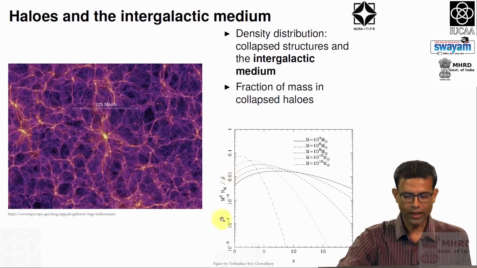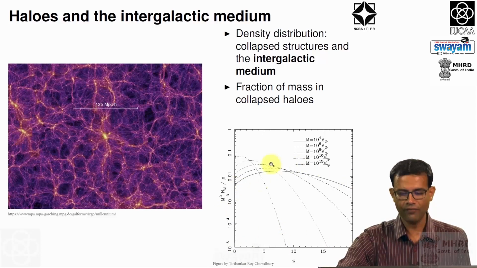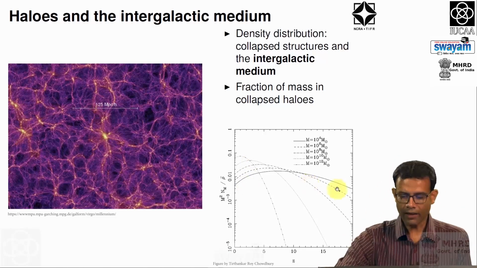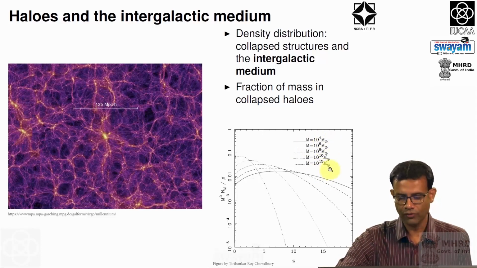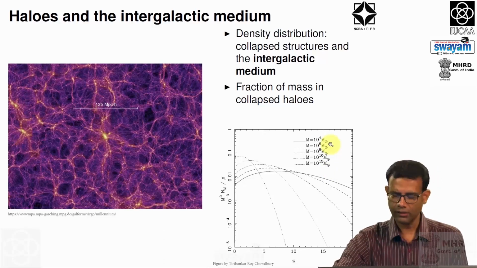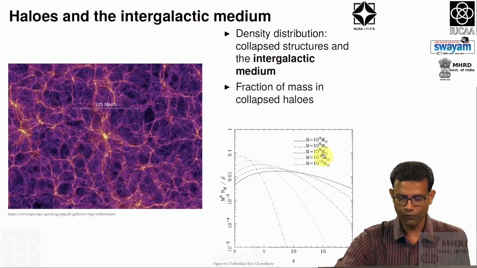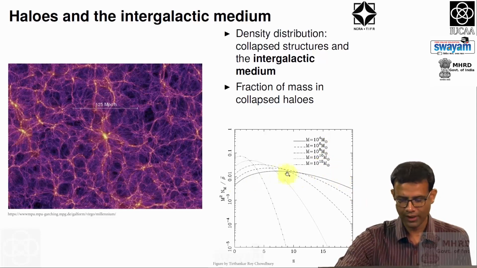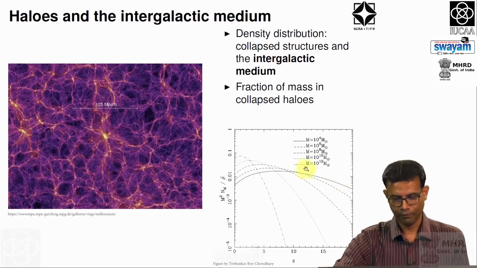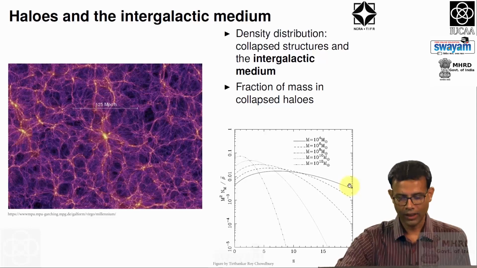So, what has been plotted here is the fraction of mass versus redshift contained in halos of different mass. By halos I mean these collapsed structures. I have plotted this for halos of different mass, starting from 10^4 solar mass to 10^12 solar mass. 10^4 solar mass halos are very small halos, which would have formed at very early times. If you look at the solid line, this is for 10^4 solar mass halos, and you can see at early times when redshifts are high, basically they dominate the matter budget in collapsed halos.